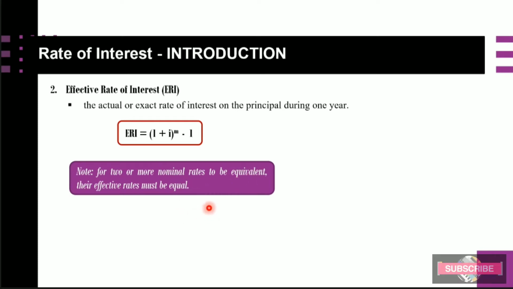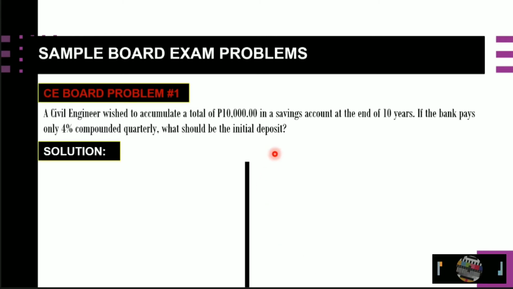So that is just our heads up on our topic, compound interest and these rates of interest. And I think it's better if we proceed now directly to our sample problems.